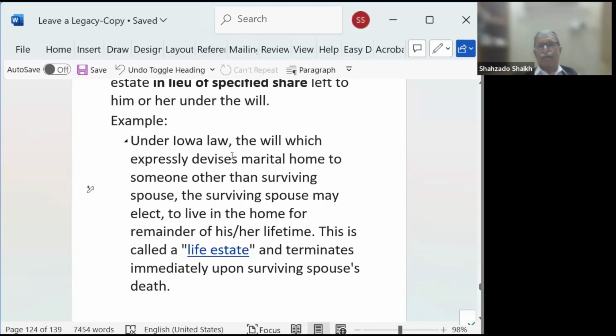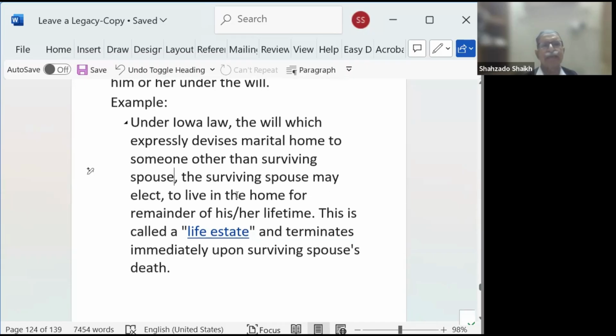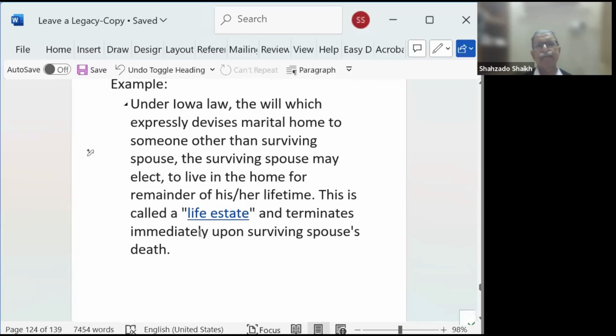Under the Iowa law, the will which expressly devises the marital home to someone other than the surviving spouse, the surviving spouse may elect, may select, may opt to live in the home for the remainder of her lifetime. This is called a life estate and terminates immediately upon the surviving spouse's death.